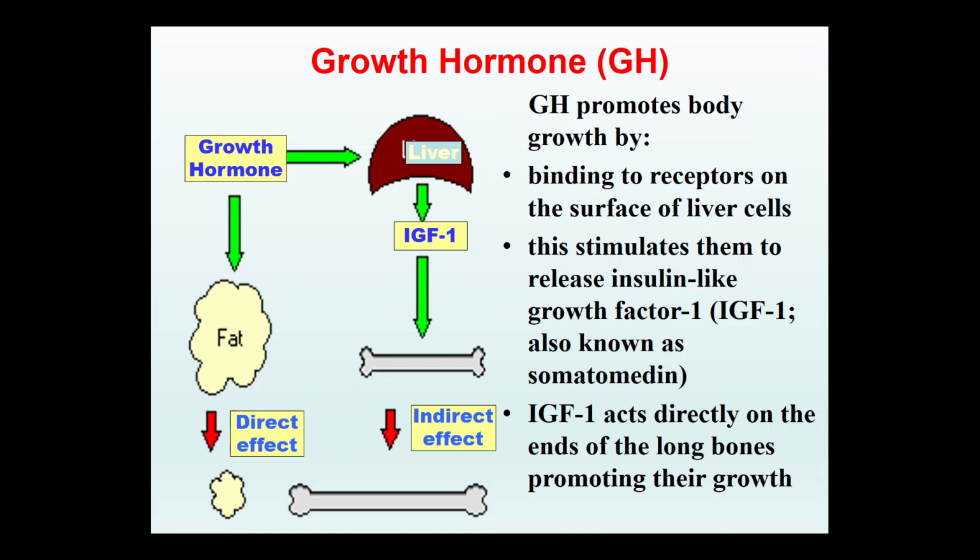The majority of the growth-promoting effect of growth hormone is actually due to insulin-like growth factor 1 acting on the target cell. These insulin-like growth factors act in different ways: endocrine, paracrine, and autocrine.